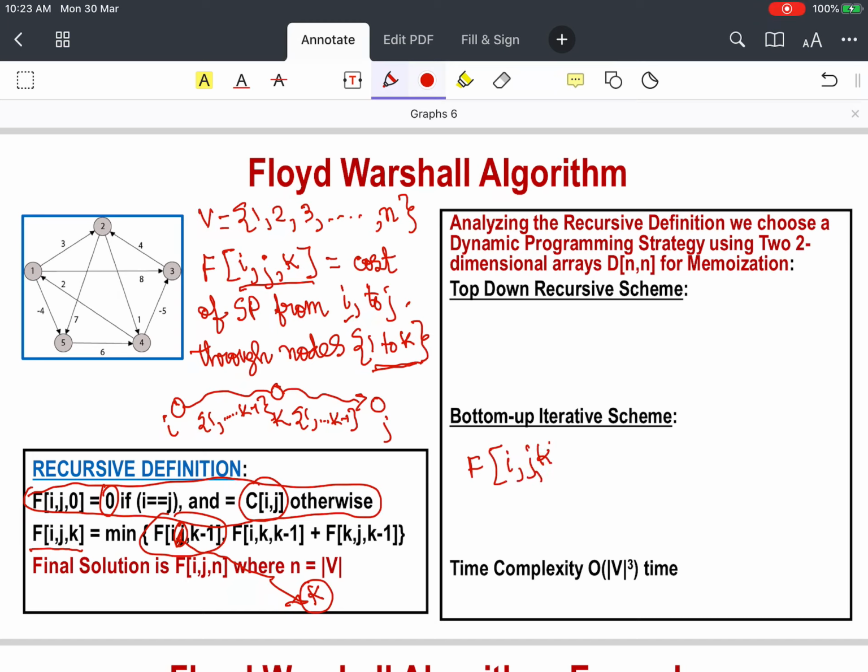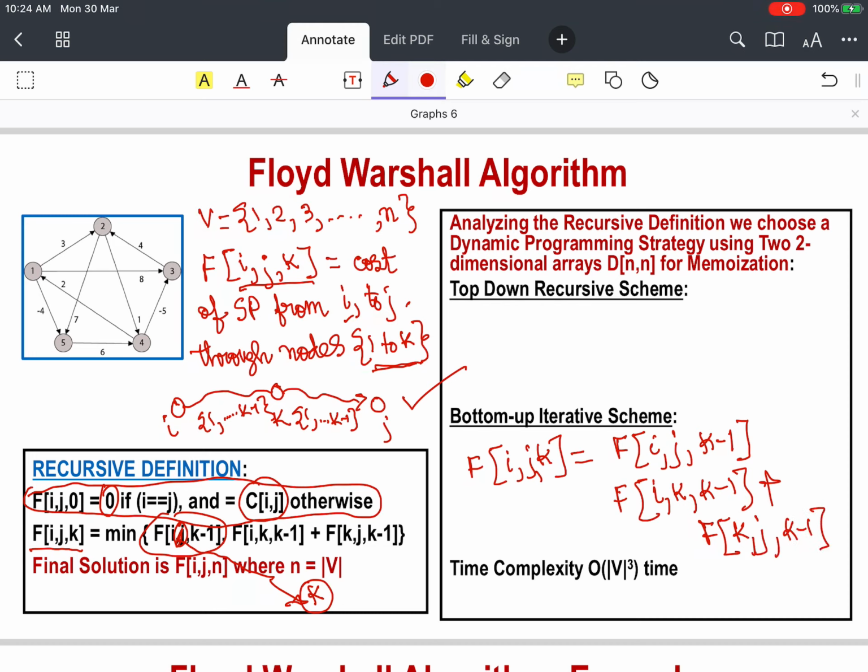Shortest cost path from i to j through 1 to k is equal to either the shortest cost path from i to j through 1 to k minus 1, or the shortest cost path from i to k through k minus 1 plus the shortest cost path from k to j through k minus 1. Out of these two, it takes the minimum.